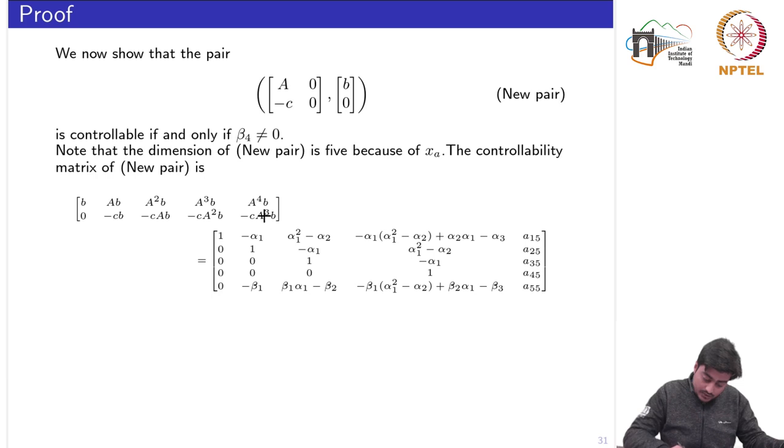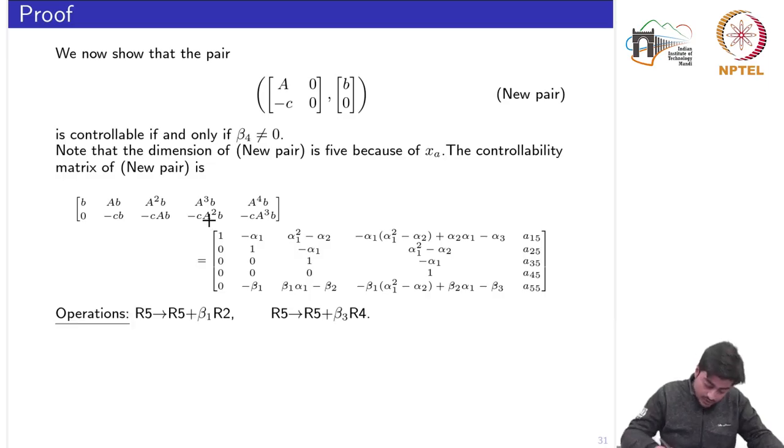So computing this controllability matrix from the controllable canonical form of the original A matrix, where you notice we have now specified in terms of alpha i's and beta i's. This you can readily obtain if you substitute here A in the controllable canonical form. Now we do two operations onto this controllability matrix.